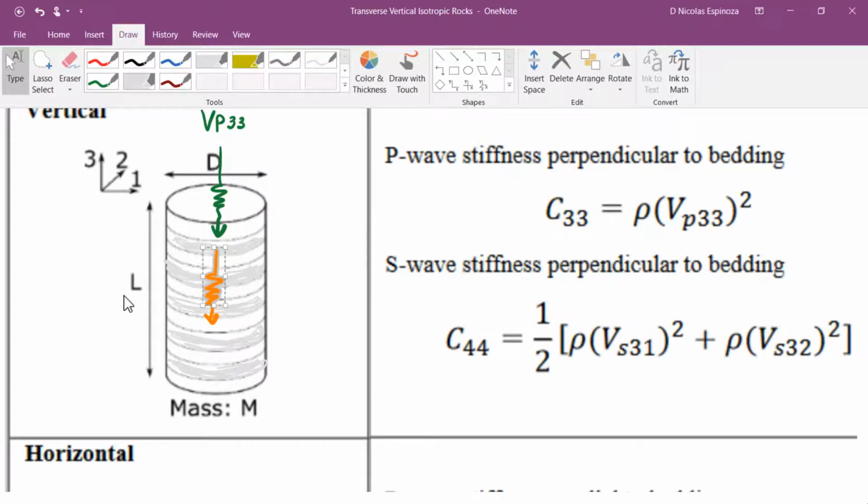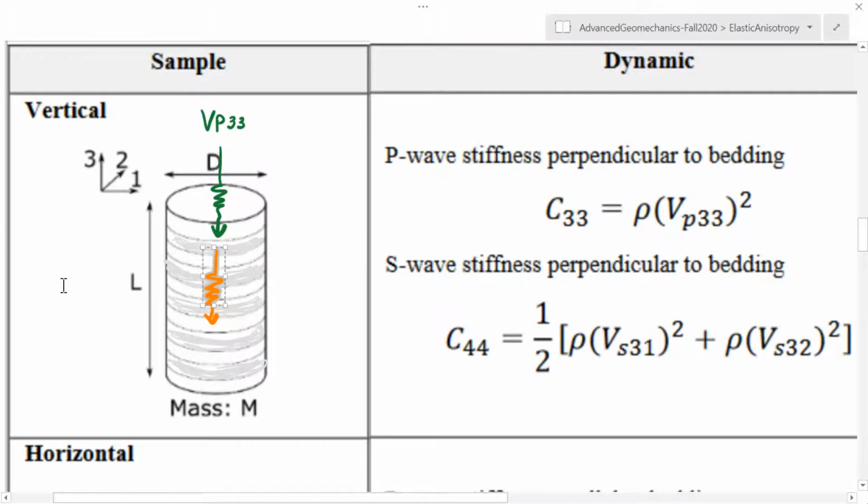Bring to the front. Okay, this is our S wave, and this is going to depend, as we were saying, if it produces strain in direction in the plane 3-2 or in the plane 3-1. So if the shear wave is producing a strain in the plane 3-1, let me draw the deformed configuration.